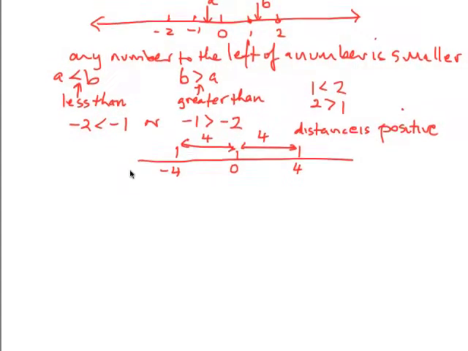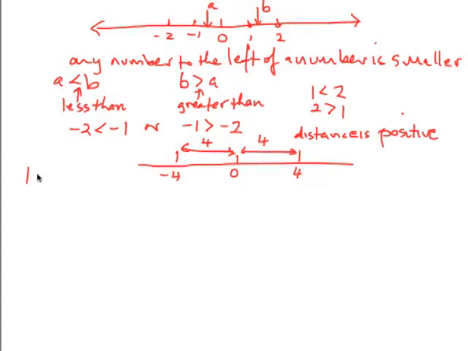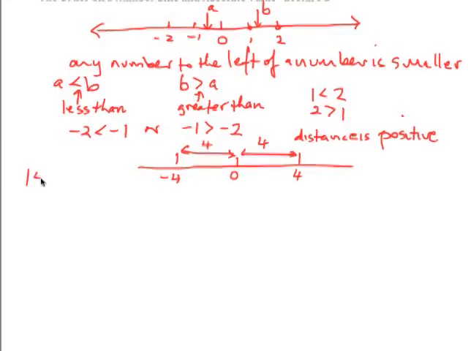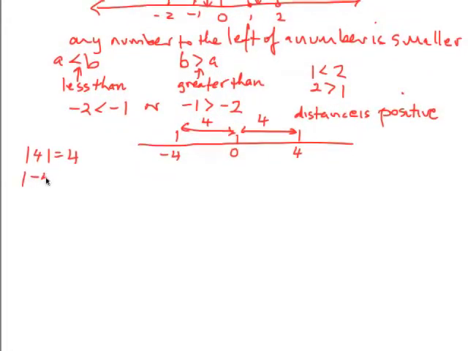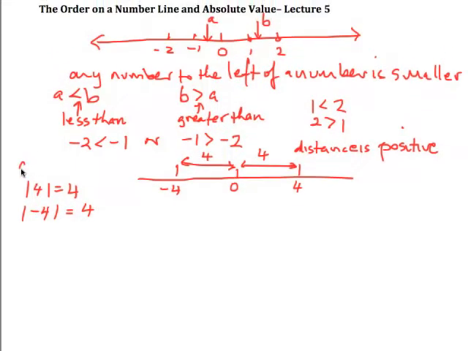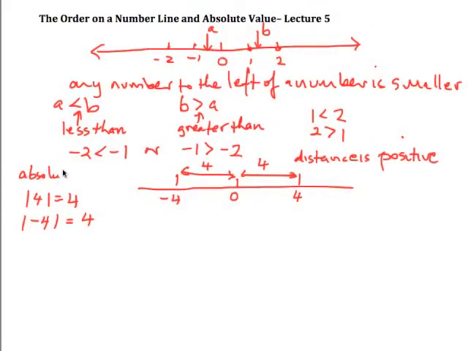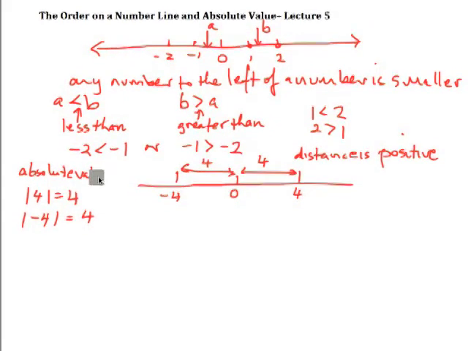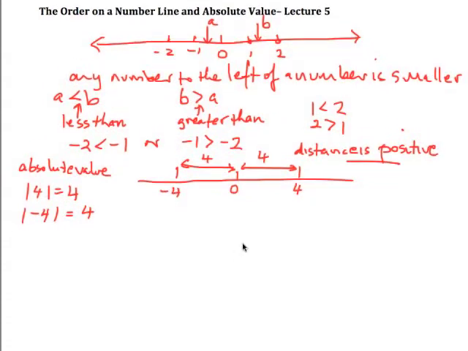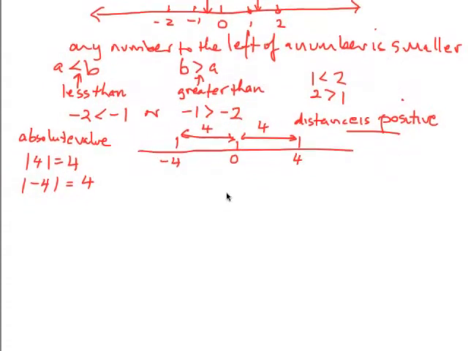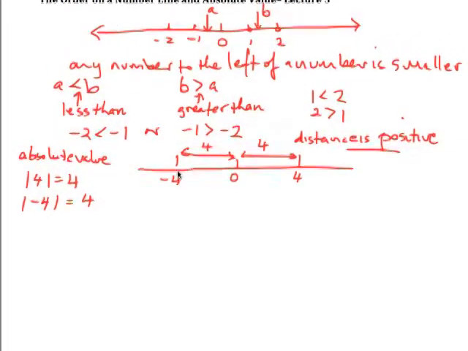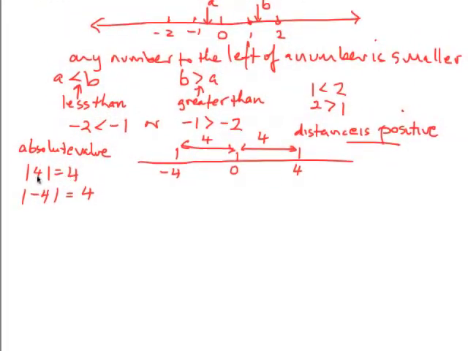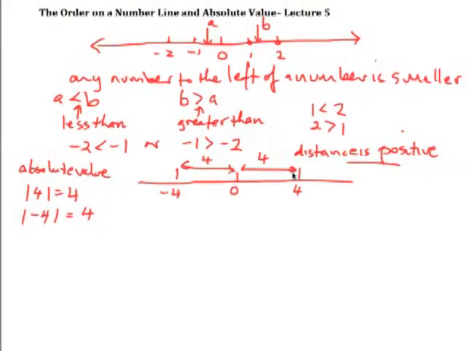And so we represent this by saying that the absolute value, the distance 4 is from 0, would be 4. But also negative 4, the absolute value of that is 4. We call this the absolute value. It is really the distance that a number is from 0. So negative 4 is a distance 4 from 0, just in this direction, and positive 4 is a distance 4 just in this direction.